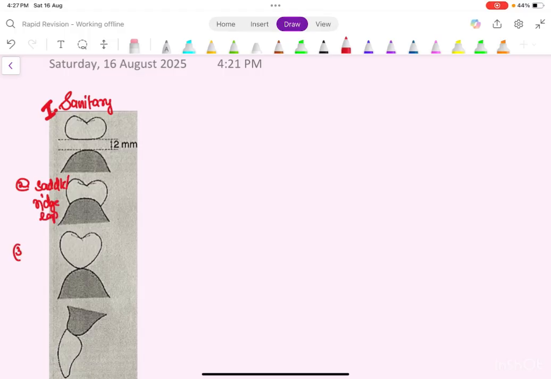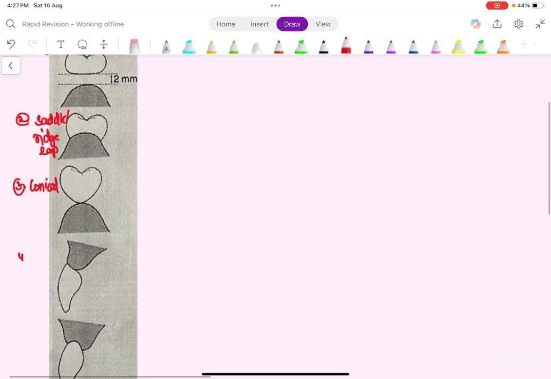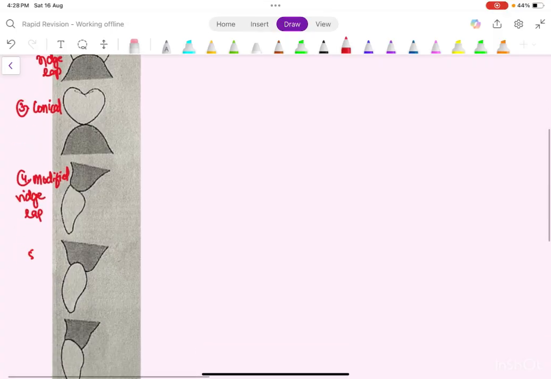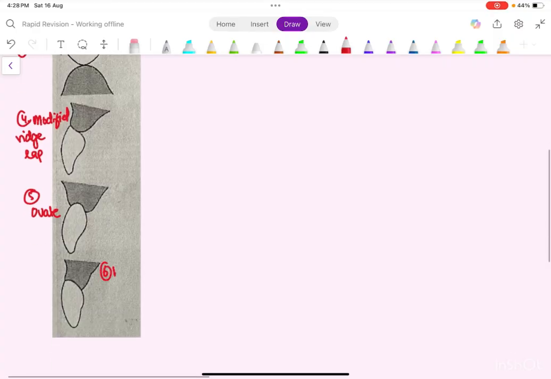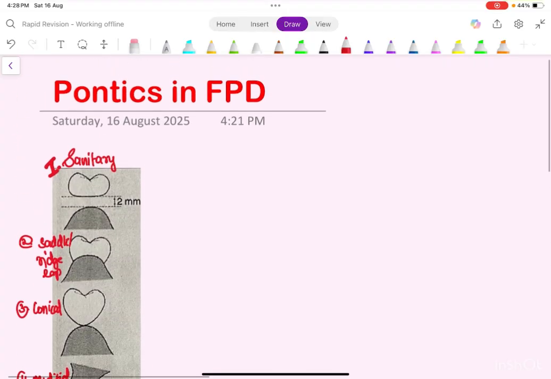Then we have third, which is conical. Then fourth, modified ridge lap. Then fifth, ovate. And then sixth is modified ovate. Alright, there are others also, but first we'll go through these.